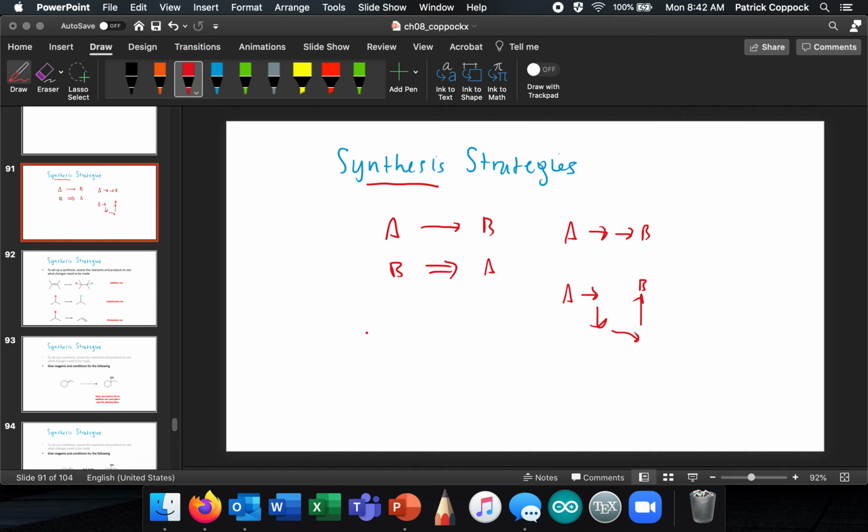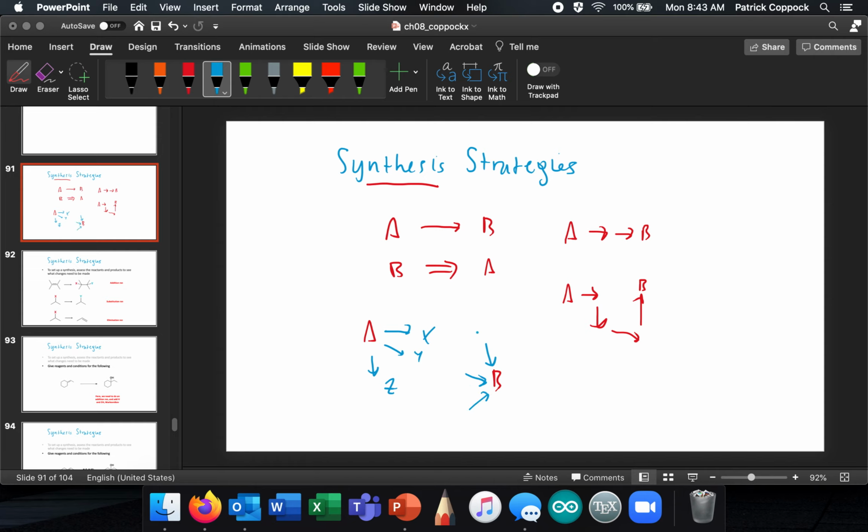Suppose we're supposed to develop some path from A to B. We might be thinking, all right, well, what could A make? It could make this, it could make that, it can make X, let's say Y and Z. And then you have to think, well, none of those are B. So oftentimes what I'll do is I'll go to B and I'll say, what can make B?